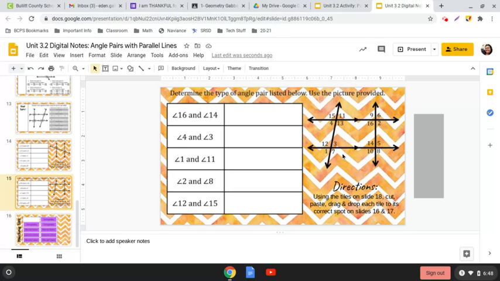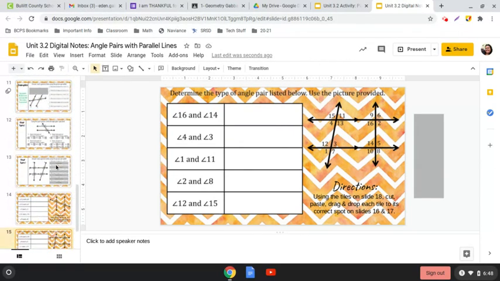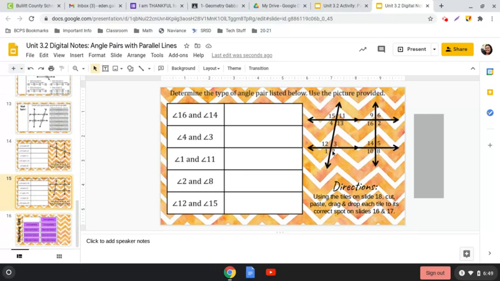Just in case you want to block out the other transversal so you're not distracted, I copied and pasted the gray box down here up here on slide 11, and you can do that too. I just put it over here to the side in case I want to use it.